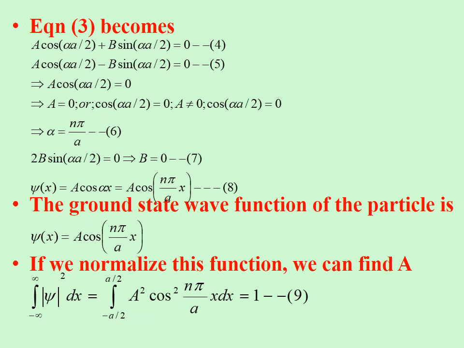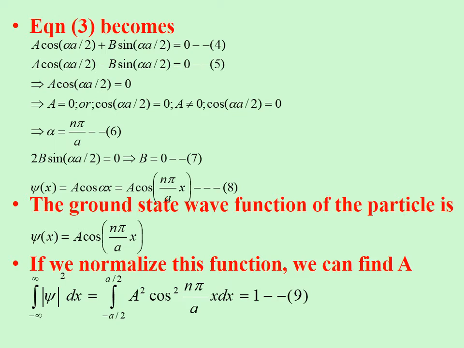When you substitute x is equal to a by 2, then it is A cos alpha a by 2 plus B sin alpha a by 2, that is equal to 0. Similarly, if you substitute x is equal to minus a by 2, since cos of minus x is equal to cos x and sin of minus x is equal to minus sin x, this equation is A cos alpha a by 2 minus B sin alpha a by 2, that is equal to 0.